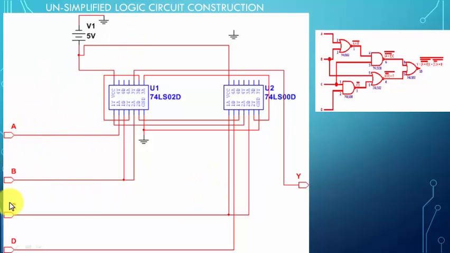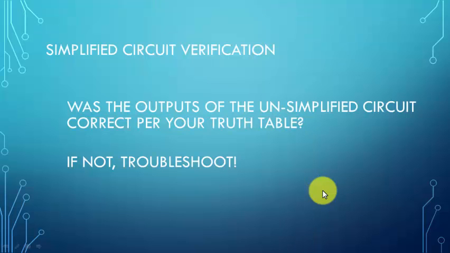And then ABCD connect to the input circuits you built in lab 3, and the output to the output circuit in lab 3. Then you can test the circuit to see whether the circuit output is the same as the truth table you derived.